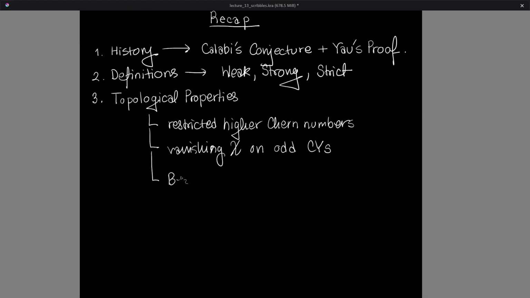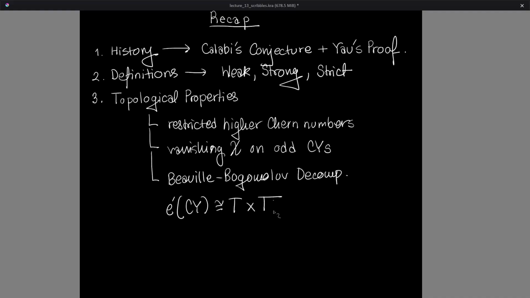And then we have the Bogomolov decomposition, which was that the étalé cover of a Calabi-Yau is isomorphic to the torus producted with a bunch of strict Calabi-Yaus X_j producted with a bunch of hyperkähler manifolds Y_k.